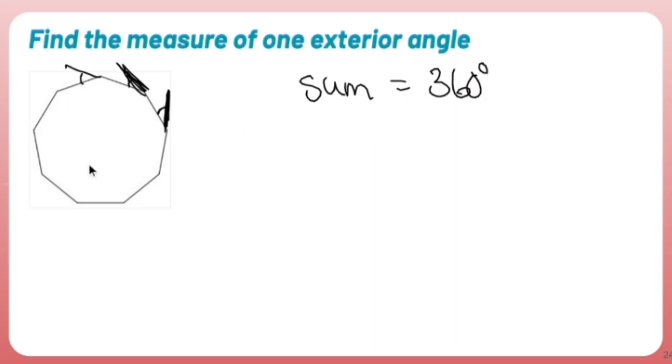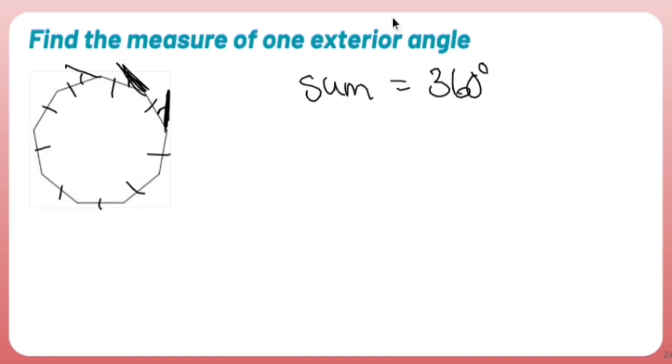So what I have to do here is find out how many angles there are. The way I do that is find out how many sides there are: 1, 2, 3, 4, 5, 6, 7, 8, 9. So there's 9 sides, which means there's 9 exterior angles.